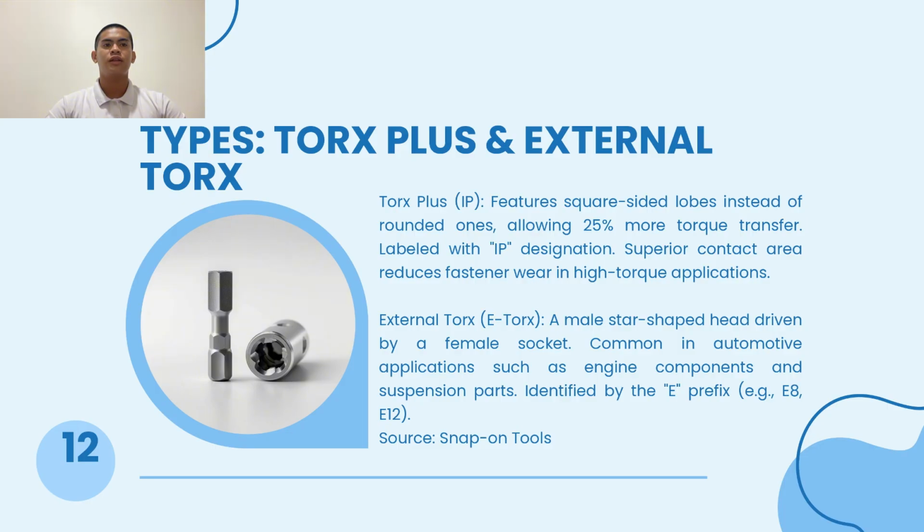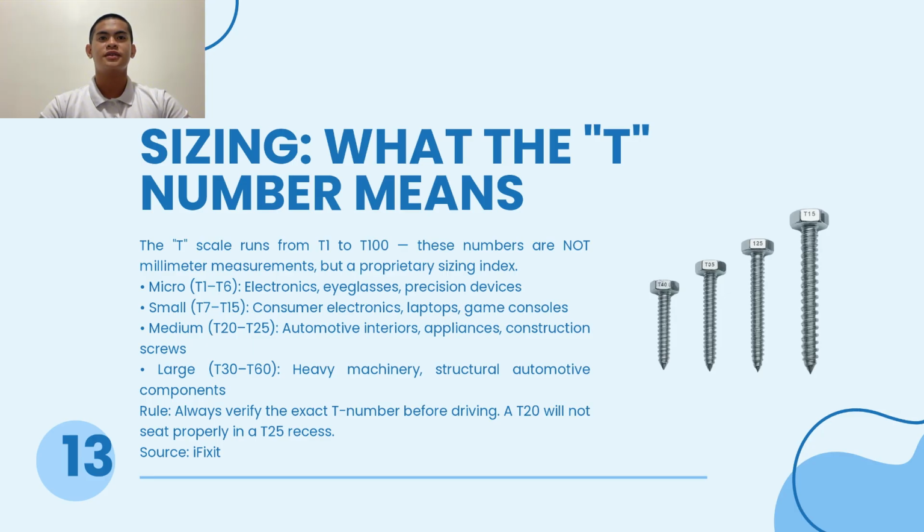E-Torx is commonly identified with an E prefix and is used in automotive applications for engine components and suspension parts.